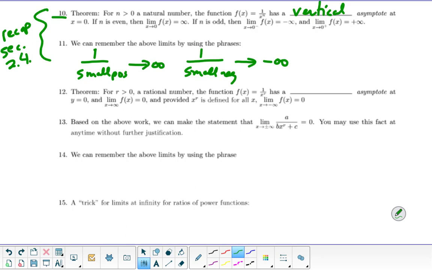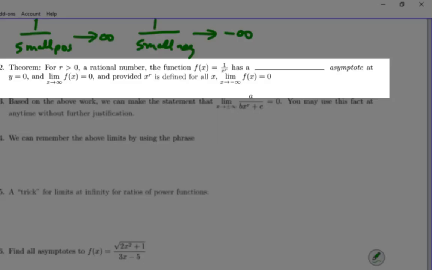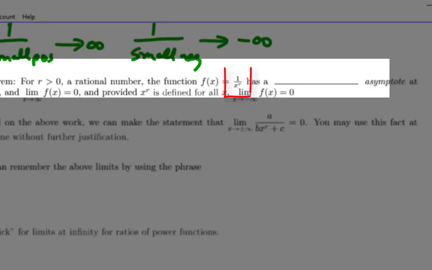Okay. The new material is here. If I just have 1 over x to the r for any rational number r, okay, as x gets large, where do the y values get close to? If I have 1 over x to the third and I plug in a big number for x, what am I going to get? Small number. Something that's getting close to 0.